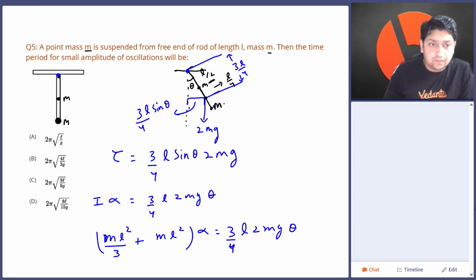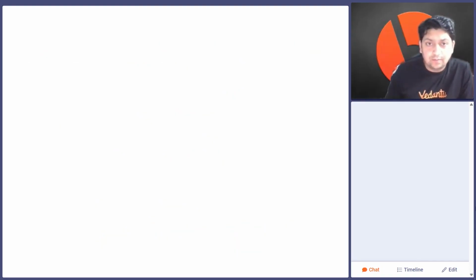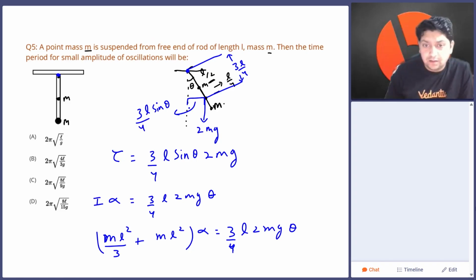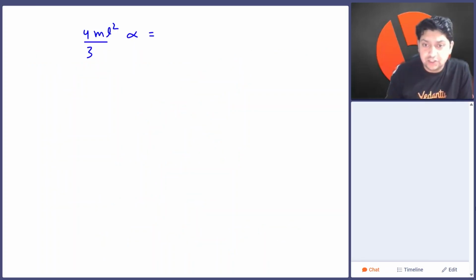Now this can be written as 4ml²/3 alpha equal to, obviously the angular displacement is given in this direction, and the restoring torque must be acting in the opposite direction, so a negative sign will also be present, right? And over here we can write 2 and 4 will be cancelled out, 3mlg theta minus 3/2 mlg theta.